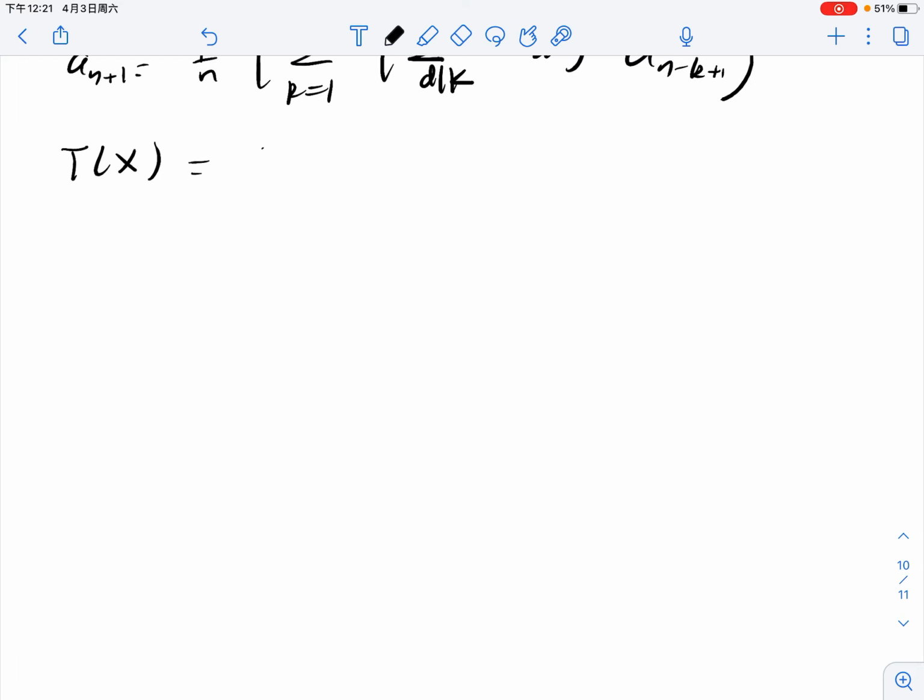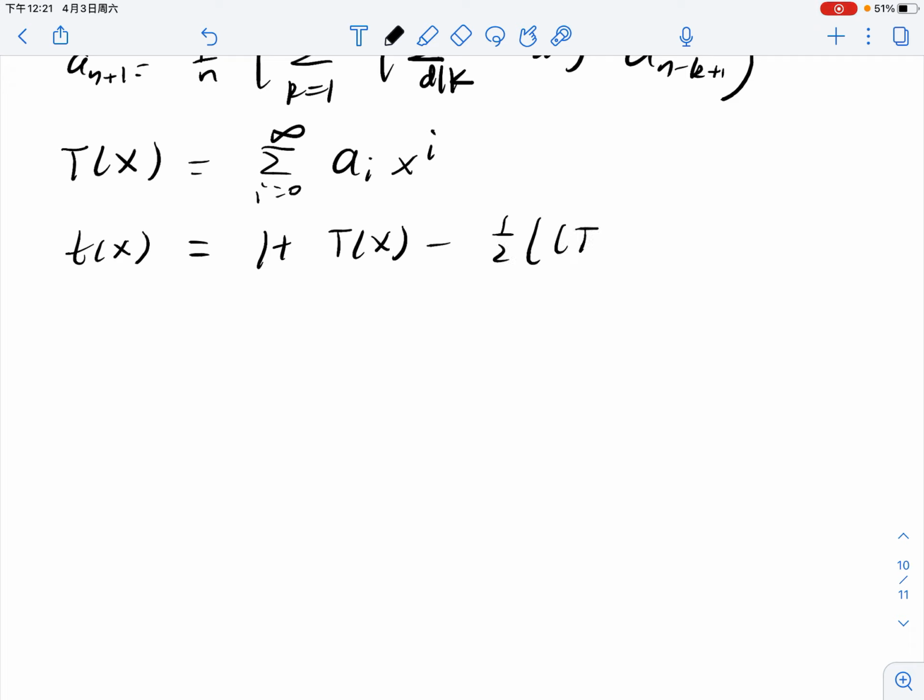And then you cook up the generating function T(x) by summation of a_i x^i, and let small t(x) be 1 plus capital T(x) minus 1/2 times T(x) squared minus T(x^2), and then mu_G.